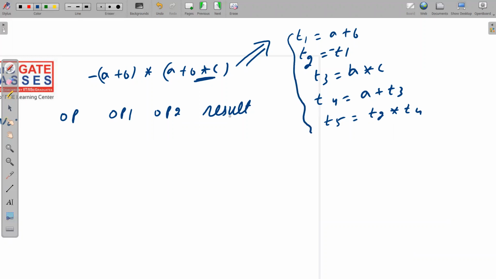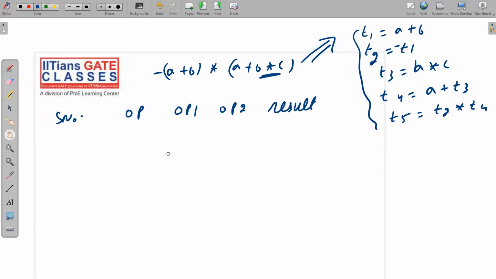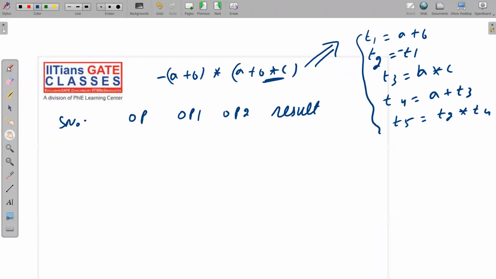Now you just represent it as it is in our table. So I will write serial number 1, but I will say plus A, B, T1, serial number 2, minus T1. Okay, second operand is missing.